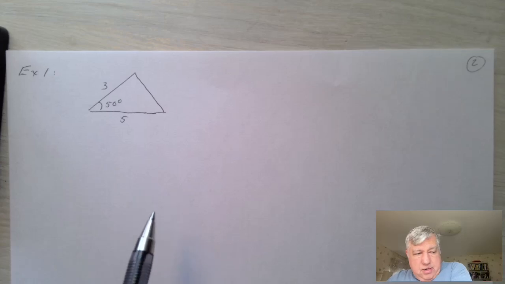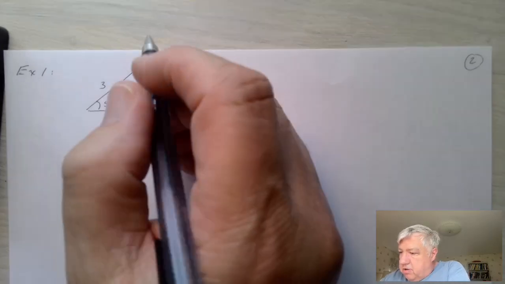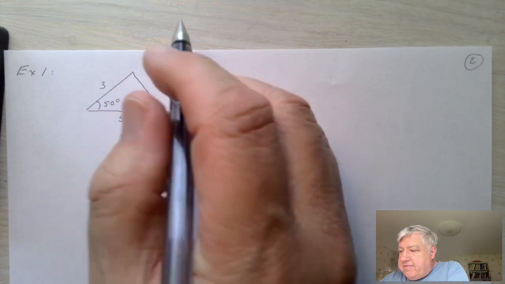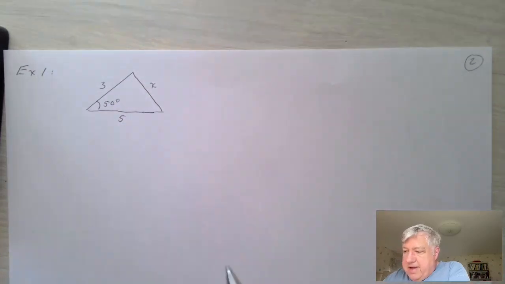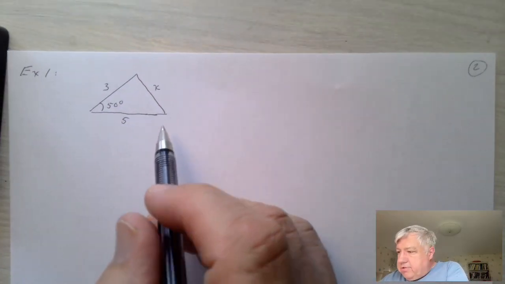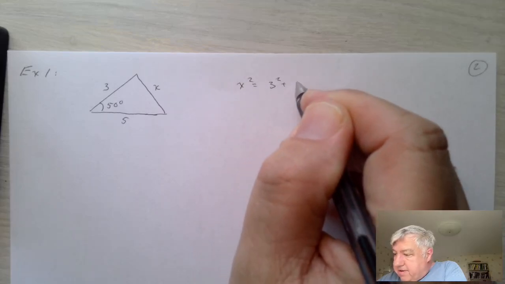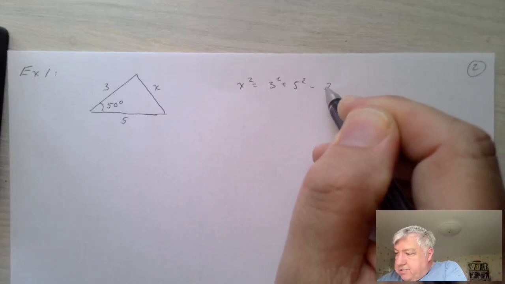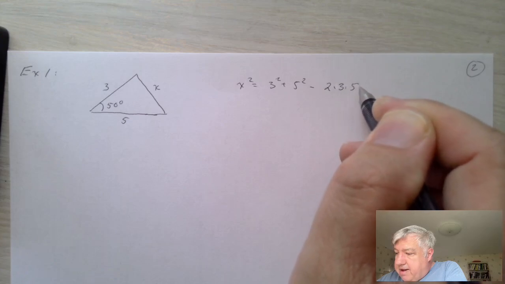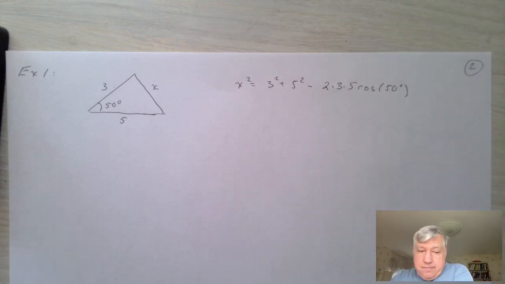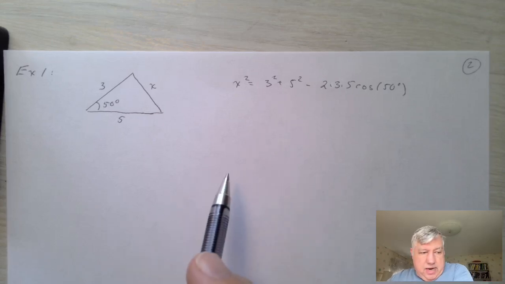First of all, let's call the side opposite this angle of 50 degrees x. By the law of cosines, x squared is going to be 3 squared plus 5 squared minus 2 times 3 times 5 times the cosine of 50 degrees. That's not too bad, and we can just use this on our calculator.